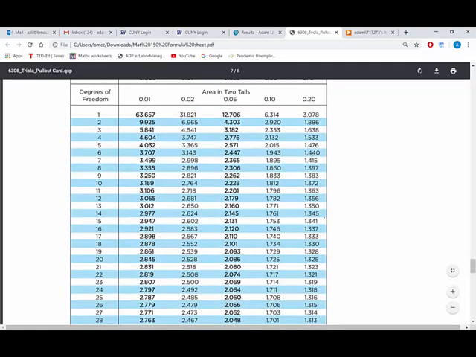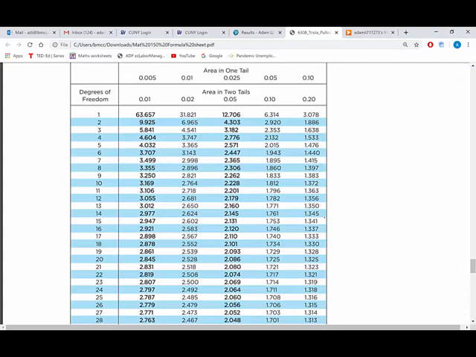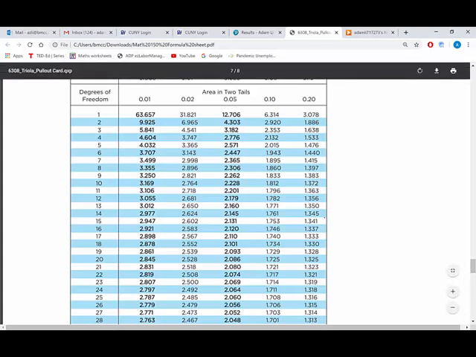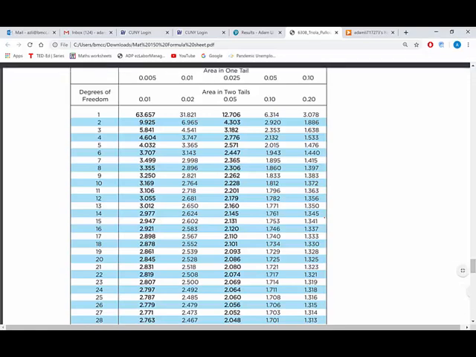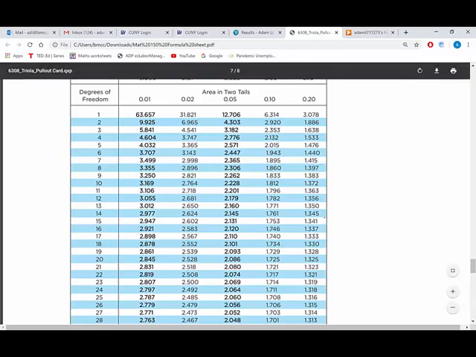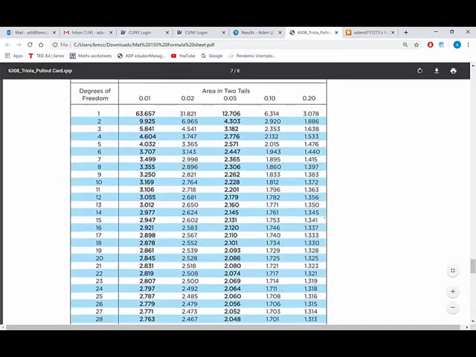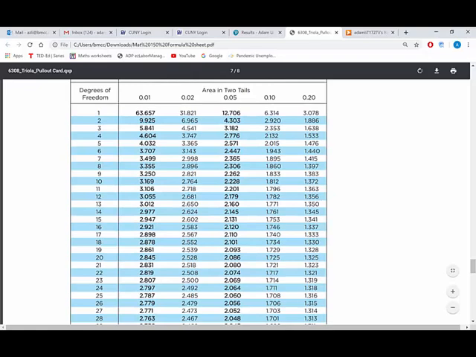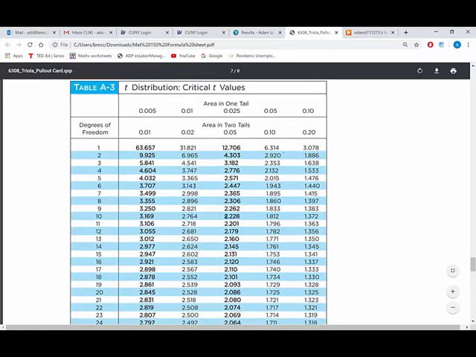Then they will have an intercept, which is the critical t-score. For example, let's say degree of freedom equals 10 and area in two tails equals 0.05. The critical t-score here will be 2.228. And that's how you locate the critical t-score from table A3.